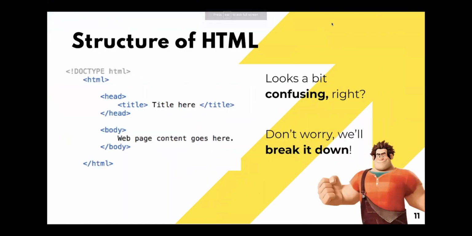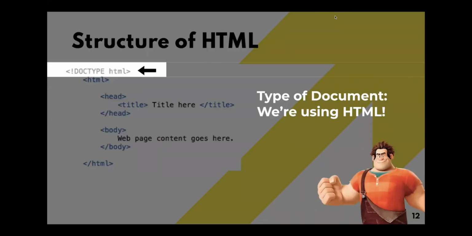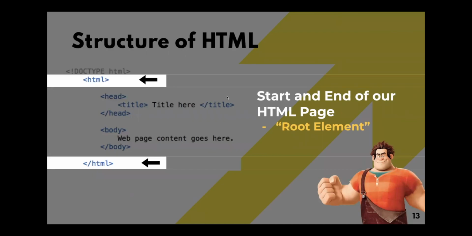So just to reiterate everything, doctype is how we start an HTML file. Every single time we want to start coding, we're going to start by typing this out, doctype. It just means we're going to be using HTML. After that, we type html, which marks the start of our web page and the end of the web page.